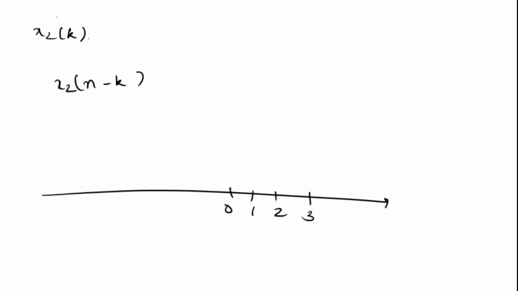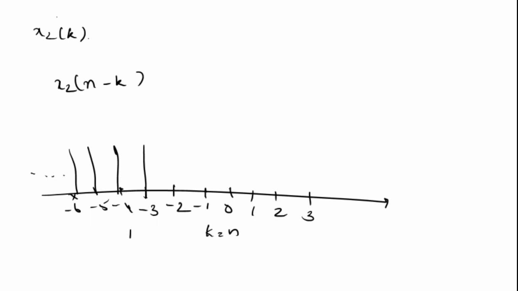The signal will start at minus 3 with amplitude 1 and so on. This is k is equal to n and this is k is equal to n minus 3. Then we can write x1 of k into x2 of n minus k is equal to 0.